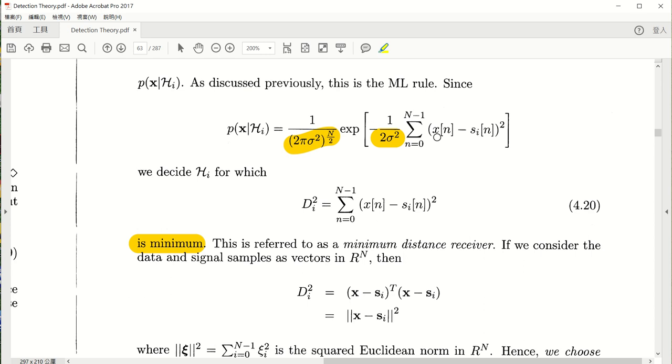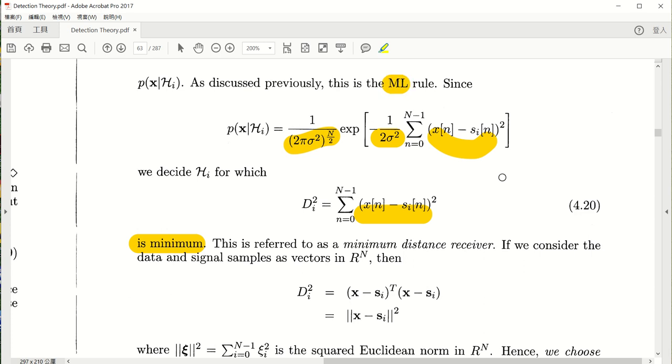The only difference is this part. When this term is minimum, since it has a minus sign in front of it and it's in the exponent, it actually corresponds to the maximum of the whole thing. So it becomes the maximum likelihood.